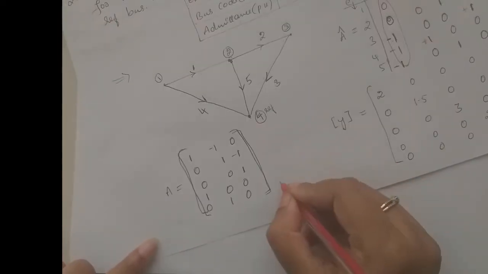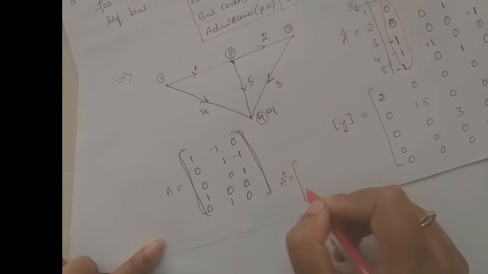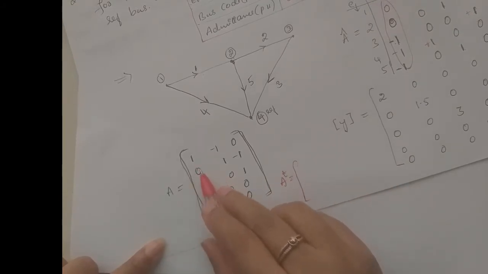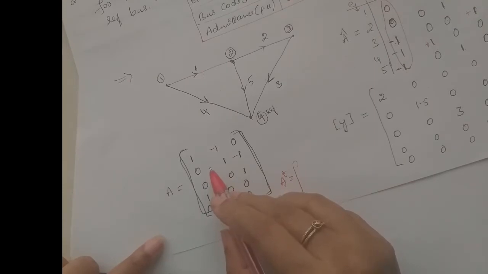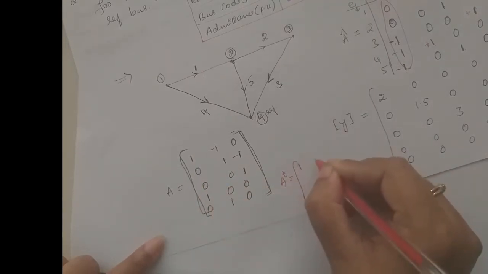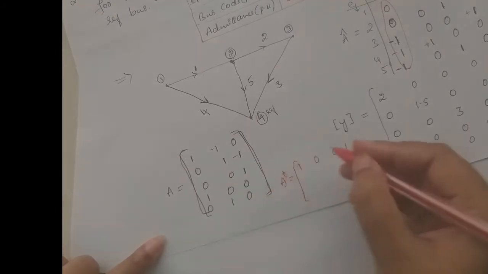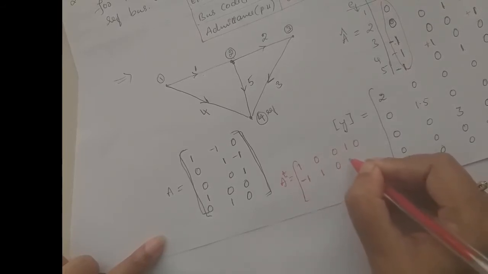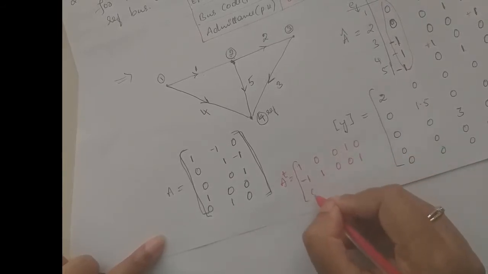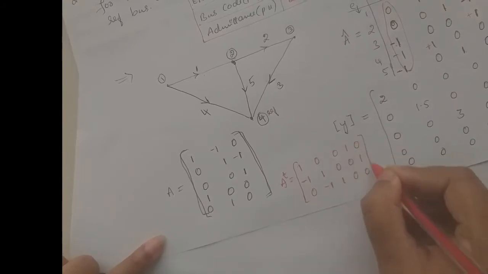A transpose can be written like this. Here the row of A will become column, and column of A becomes row. So the first column becomes the first row, 1 0 0 1 0, second column becomes second row, 0 0 1 0 minus 1, 1 0 0.